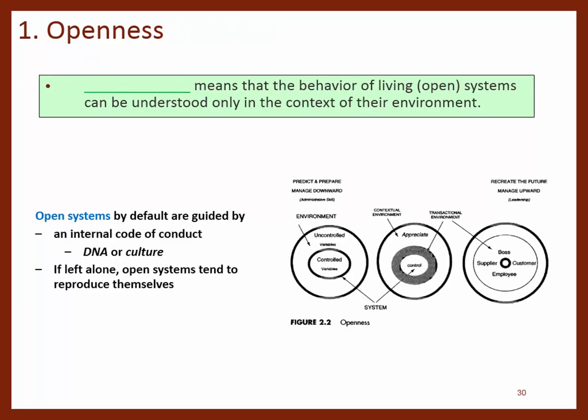So what openness means is that the behavior of a living or open system can be understood only in the context of its environment. This applies also to non-living systems. As I mentioned at the beginning of the semester, when you are designing, for example, the F-150, they have a bunch of areas in Detroit devoted to testing the truck.